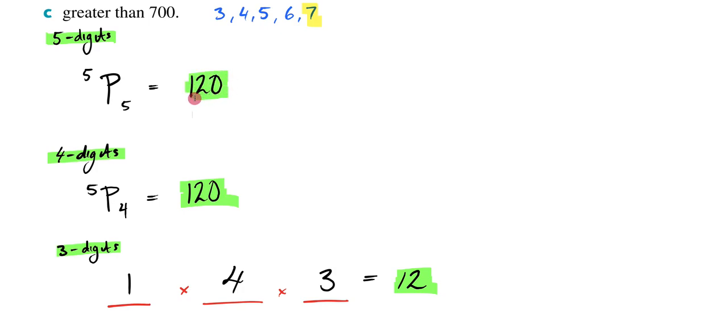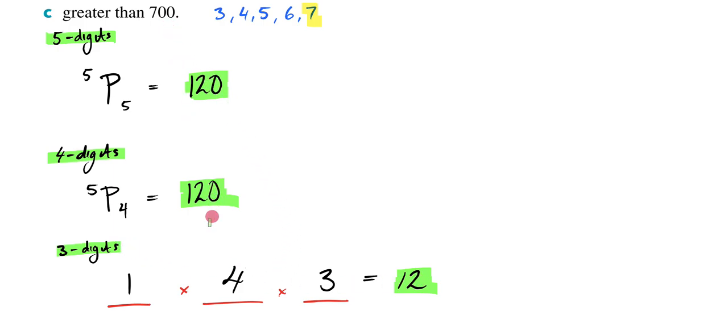Okay, so we're trying to figure out how many arrangements of numbers can be greater than 700. We figured out that there are 120 arrangements which will be greater than 700 for 5 digits. There will be 120 arrangements that will be greater than 700 for 4 digits. And there will be 12 arrangements of 3-digit numbers that are going to be greater than 700.